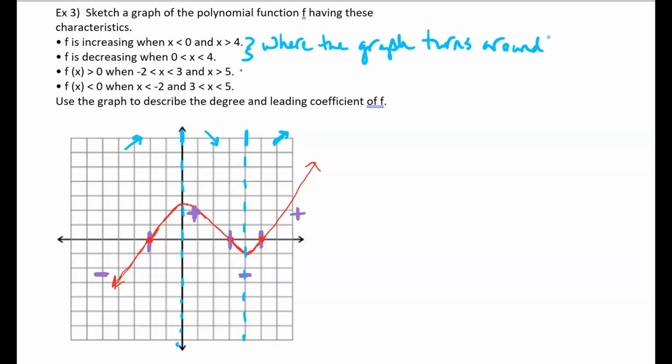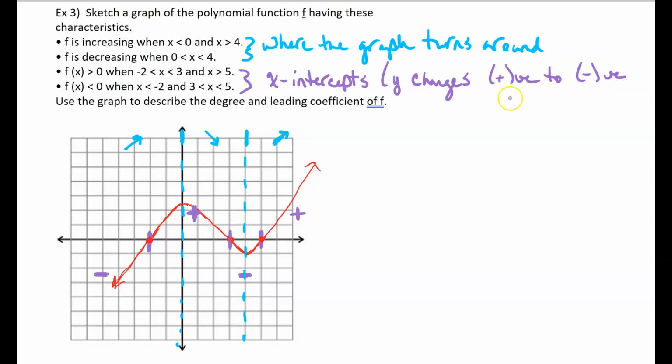And this here, again, as we said, when y changes from positive to negative or negative to positive, indicates the, what are those special places called? The x-intercepts.